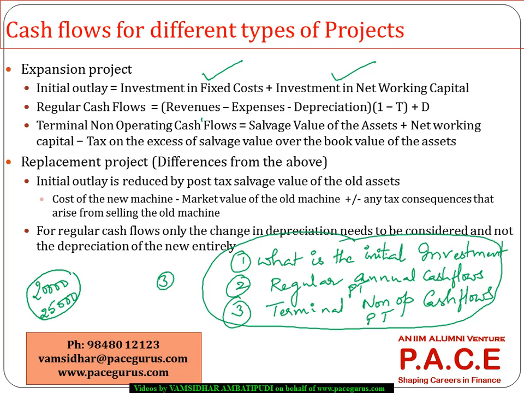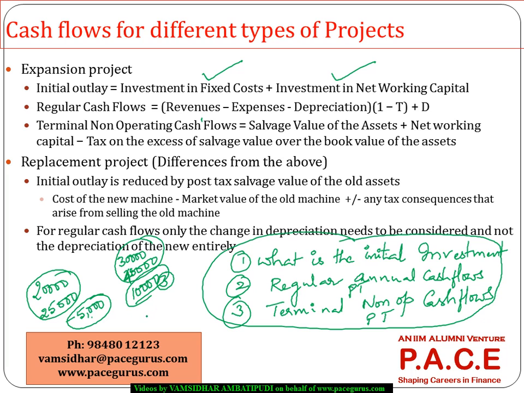There is an increase in current assets, which will decrease cash by 5,000. Now the current liabilities last year were 30,000 and now they have become 35,000 or 40,000, so there is an increase in current liabilities by 10,000, which means a cash increase of 10,000. Cash decrease by 5,000, cash increase by 10,000.